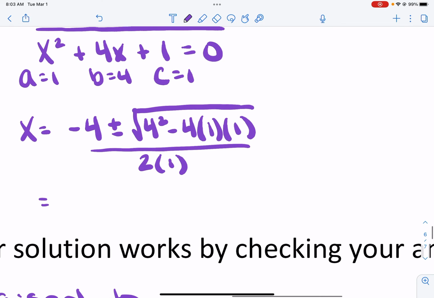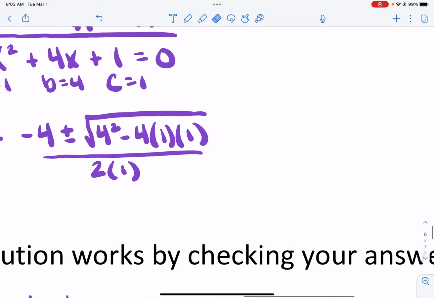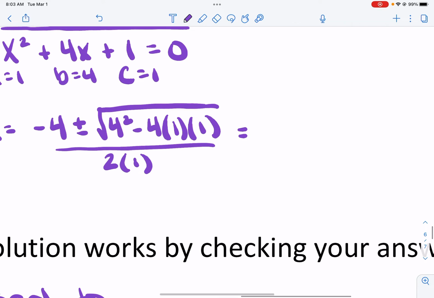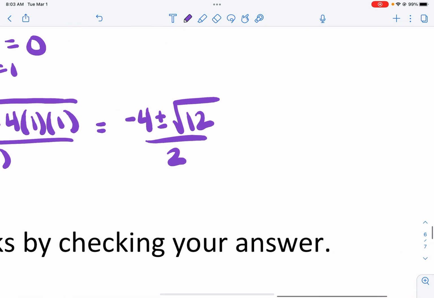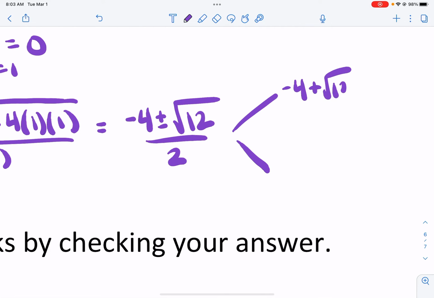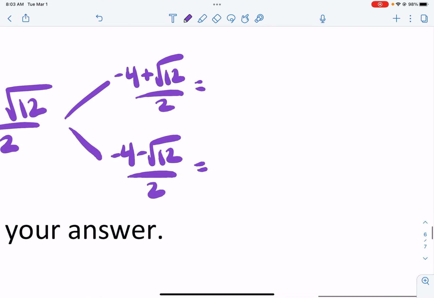which gives us, I'll write it over here, negative 4 plus or minus the square root of 12 all over 2. Split that up, negative 4 plus the square root of 12 over 2, and negative 4 minus the square root of 12 over 2. And just type those in, right?